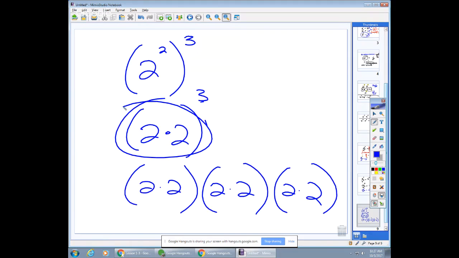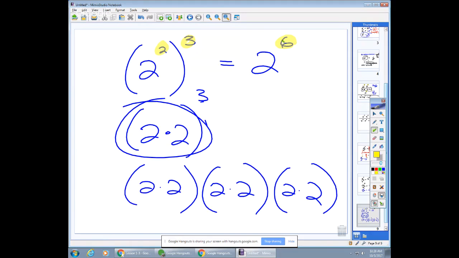I just did, and I multiplied. How many 2's do I have written out here? There's 6 of them. So I could say that this is really the same as 2 to the 6th power. Do you see a way to get from the old exponents to the new exponent? Yeah, multiply them together.